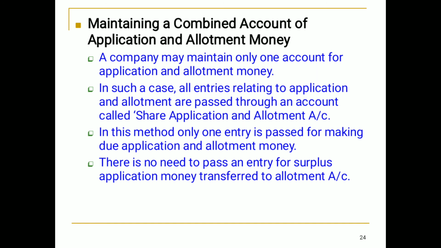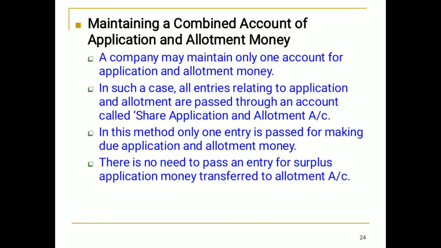In such a case, all entries relating to application and allotment are passed through an account called share application and allotment account. What is the case otherwise? You are writing it separately. You are writing it as share application account. And in case of allotment, you are writing it as share allotment account.